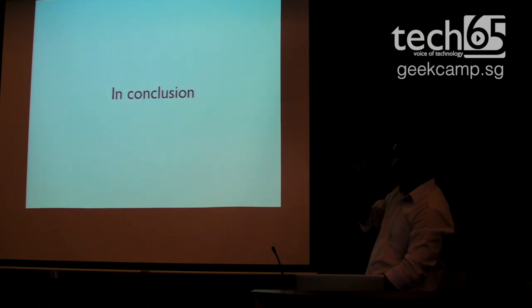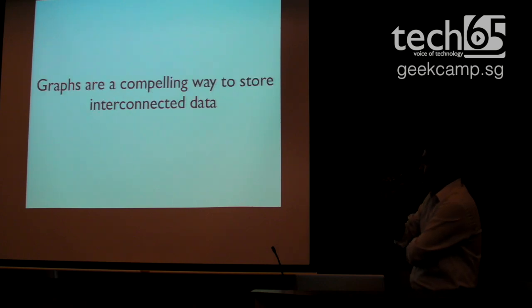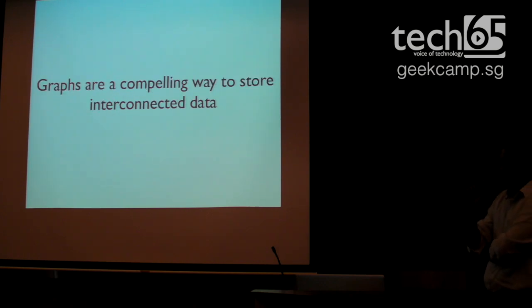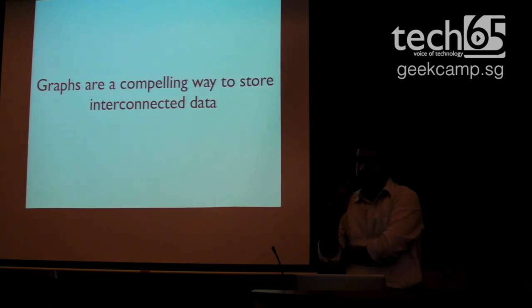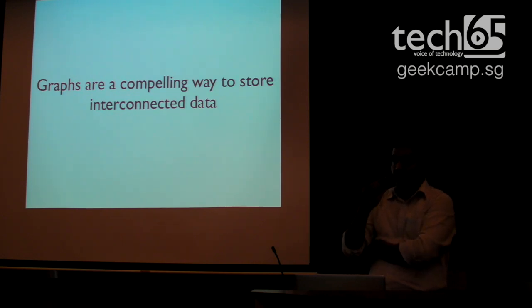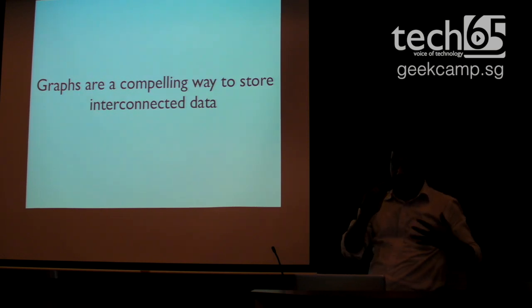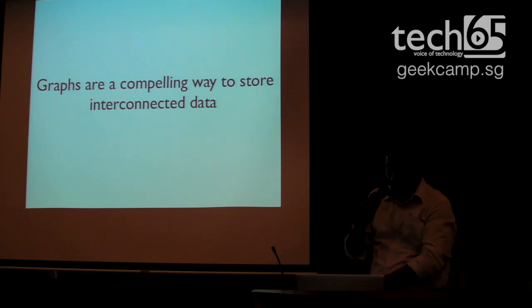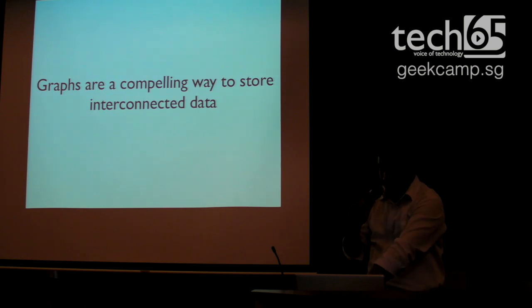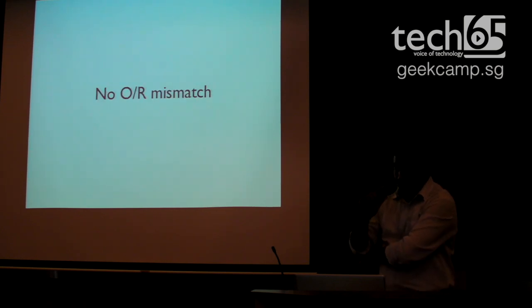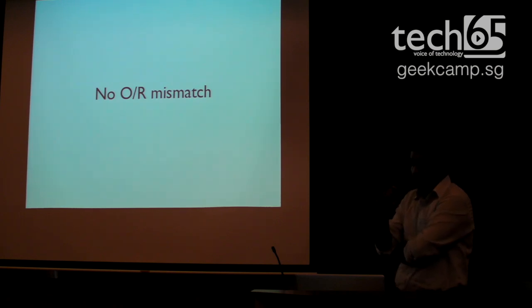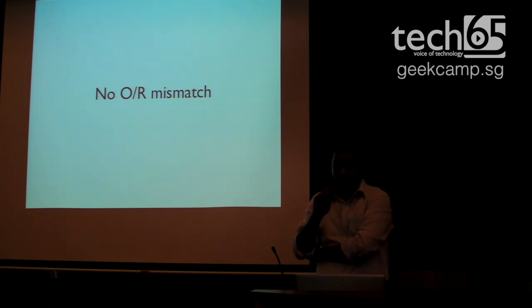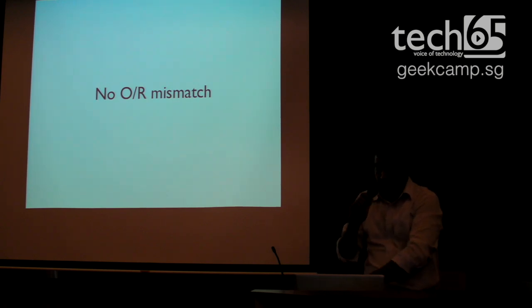So in conclusion, we are pretty much close to the end now. Graphs are a compelling way to store interconnected data. As you can see, we can actually derive insights based on the data that we have, and we can add more and more information to whatever data we have available. The second thing is that when you're modeling with graphs, you typically don't have an OR mismatch, which means that it's a lot easier to model and to reason about how things work in your system.